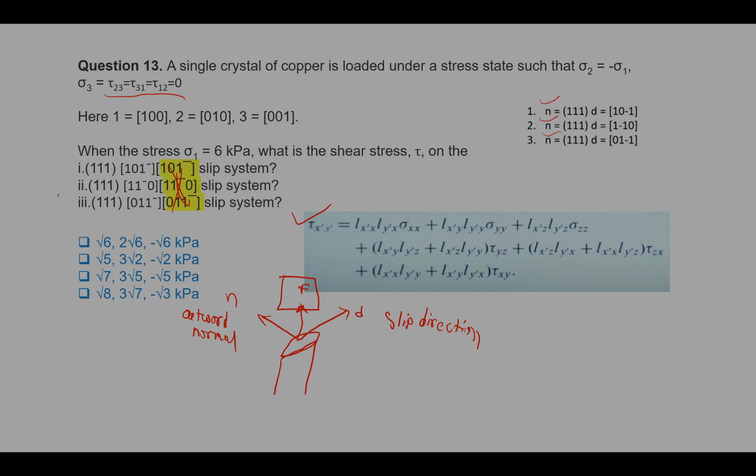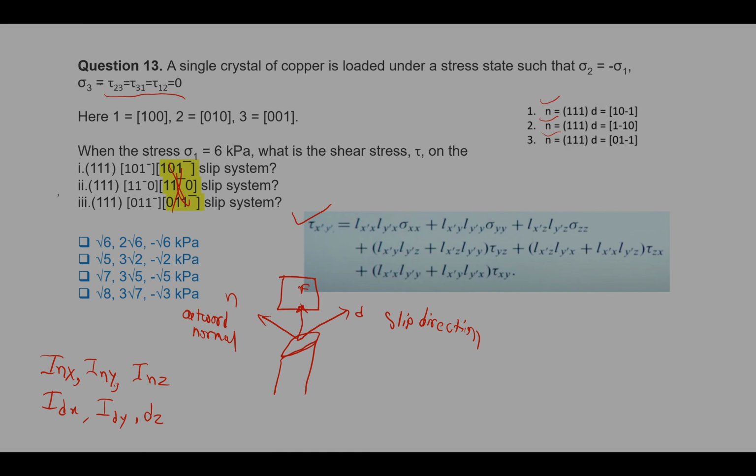Okay, so here what I have to calculate, we can calculate some values like l n x, l n y, l n z, l d x, l d y, l d z. This type of question we have done in the previous live session as well.